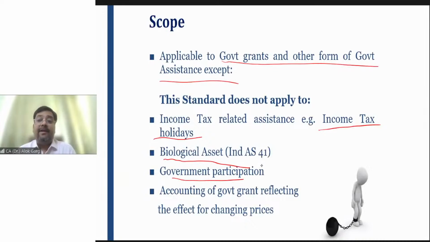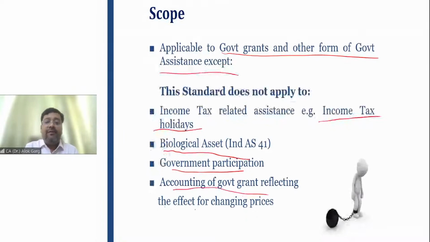It means central government and state government are infusing equity. They are the capital contributors, right? If government is participating in the entity, it will not be considered as a government grant. If government is infusing money in the company, it will not be considered as a government grant if the government has a participation, if government is a shareholder, right?